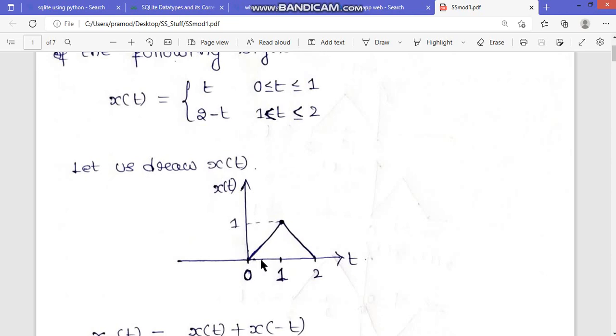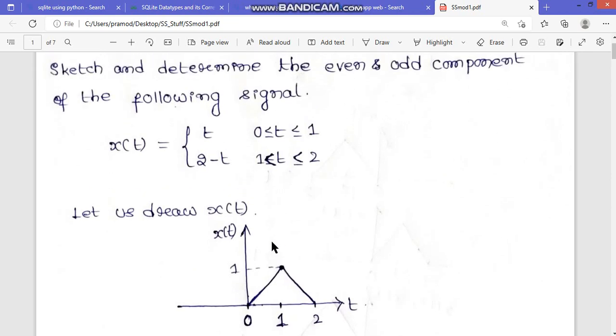So for any value of t in this range you will get the same value in the y-axis also. So this is the graph you will get. For 0 to 1 your x of t is same as t, so that is the reason you got this straight line. Okay, next, for 1 to 2 your value of x of t is 2 minus t.